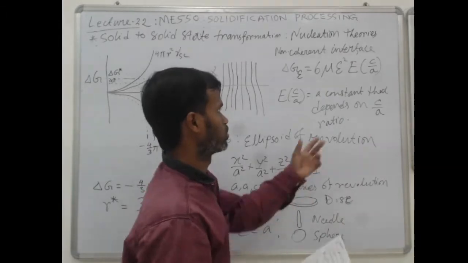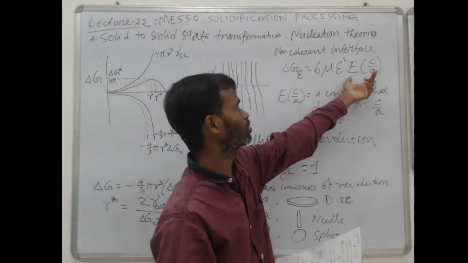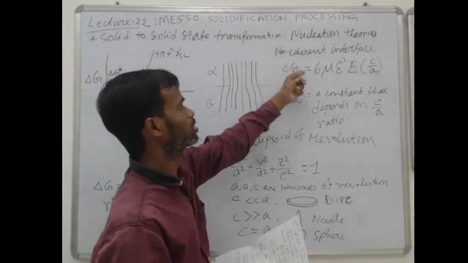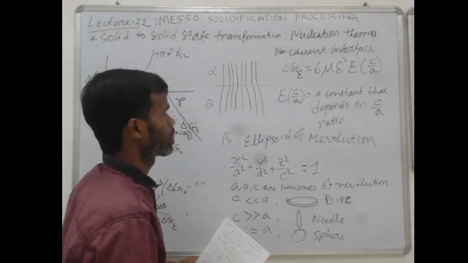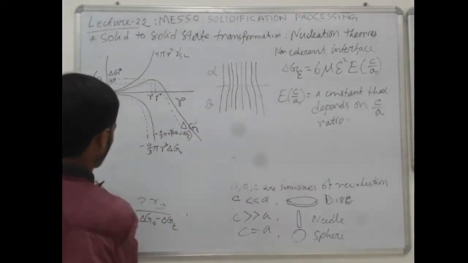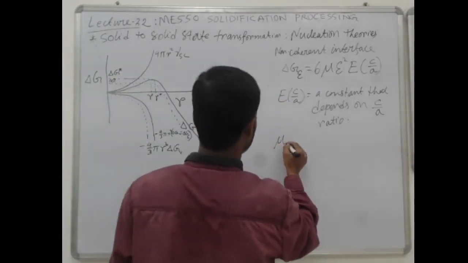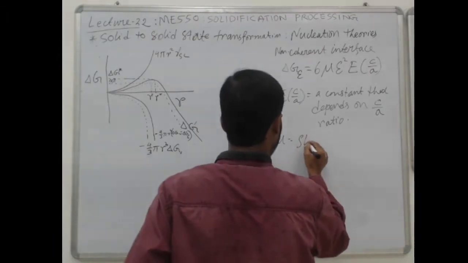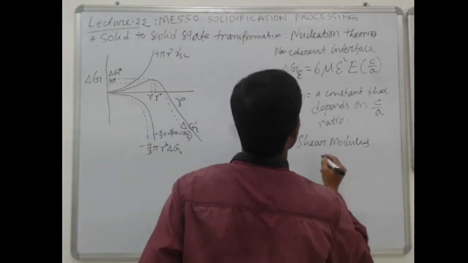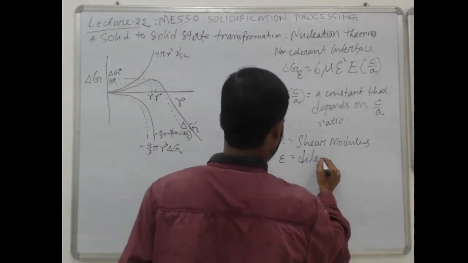So the ratio describes the different shapes, and this is how the effect of shape is taken into account in this elastic strain energy term. In this equation, mu is the shear modulus, and epsilon is the dilatational strain.